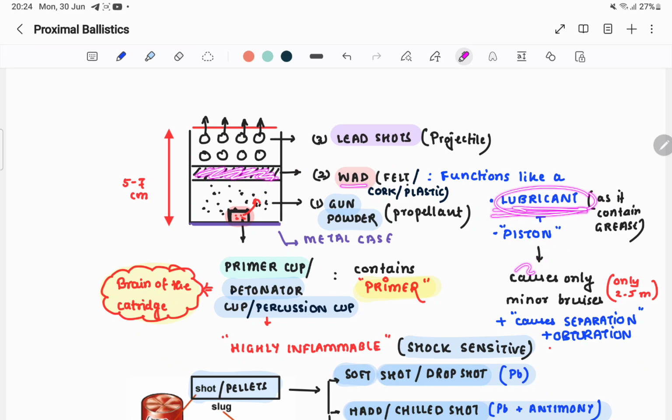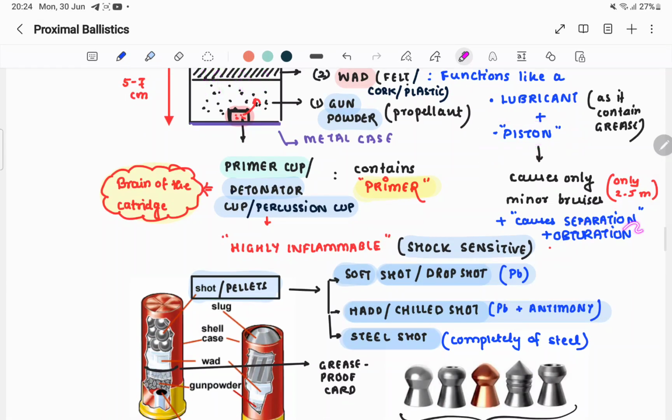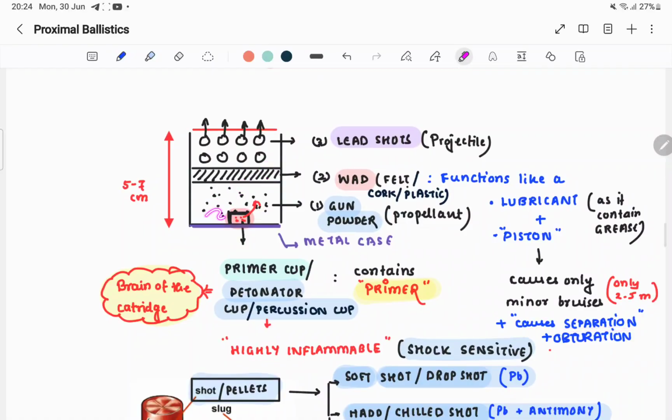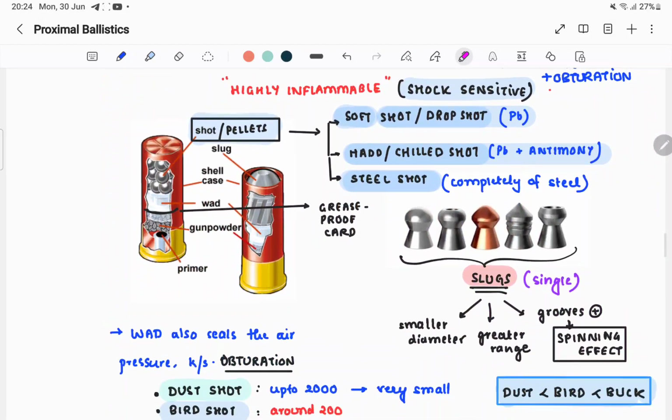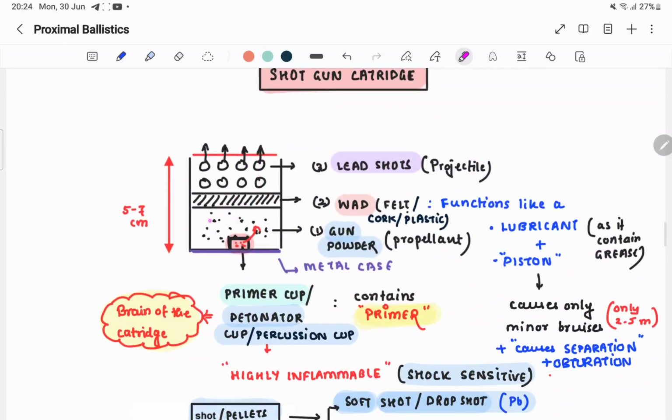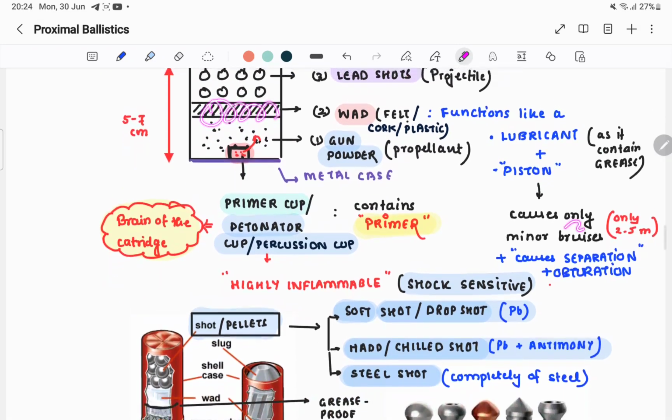It acts as a piston, a transmission of force. It causes separation of the lead shots from the gunpowder. And it also seals the air pressure between the lead shots and the gunpowder case, which is called obturation.